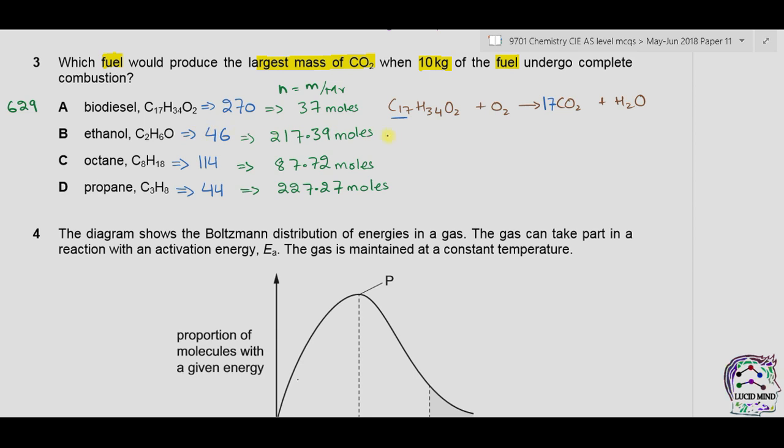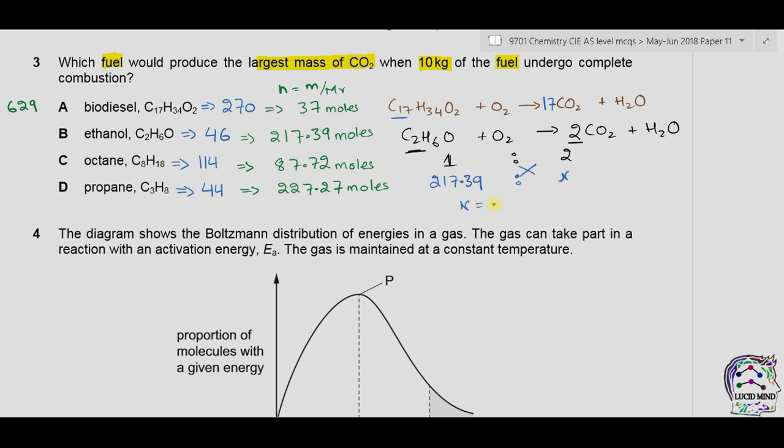Doing the same for ethanol, we have C2H6O. It combusts in the presence of oxygen to form CO2 and H2O. Let's balance carbon atoms. We have 2 carbon atoms on the reactant side, so we can write 2 with CO2. So the ratio is 1:2 in the balanced equation. As we have 217.39 moles of reactant, we can find the number of moles of carbon dioxide by cross multiplying.